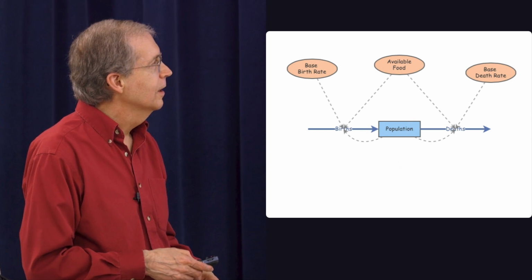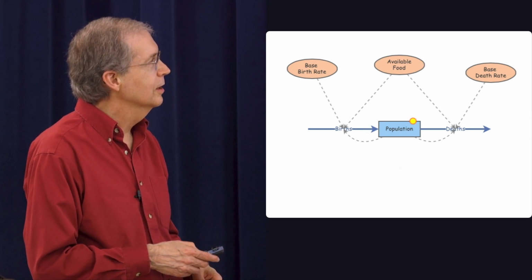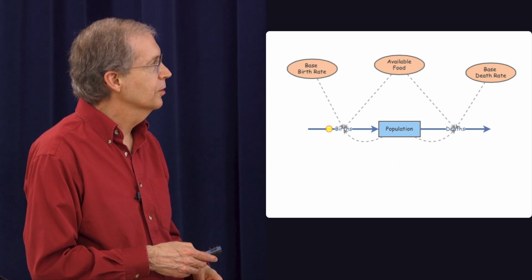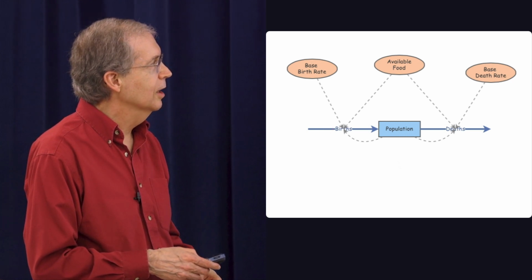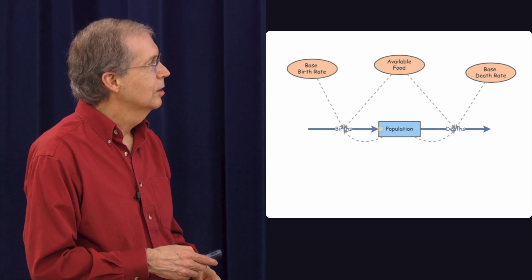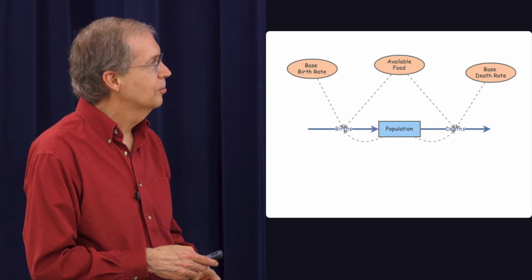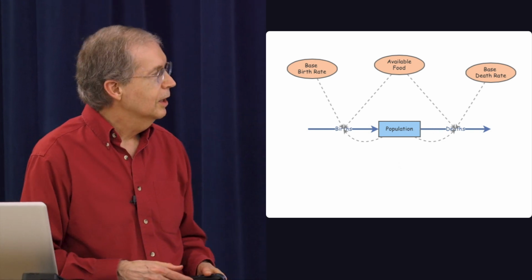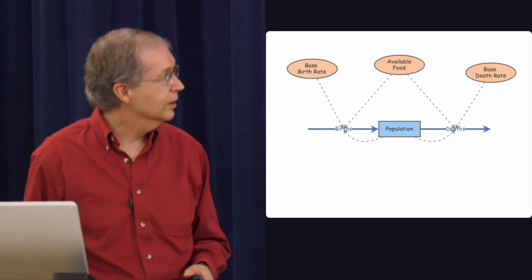Okay? And the population here in this stock will grow based on the number of births, and it will decline based on the number of deaths. So this flow arrow comes in, meaning it's adding to the stock, and this arrow goes out. And buried in here, let's see if I can do this.